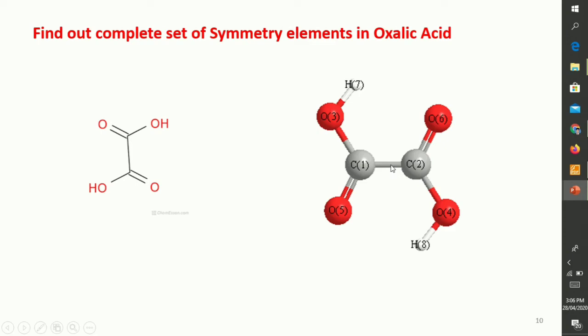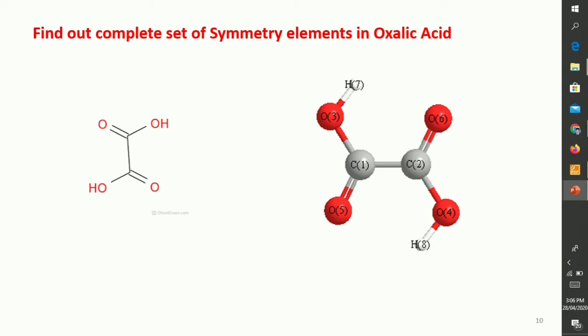And just perpendicular to this axis of rotation, there is sigma plane of symmetry present. And we know that if a plane of symmetry perpendicular to the principal axis of rotation is present, then this may be called sigma h. So there is sigma h present in this molecule.